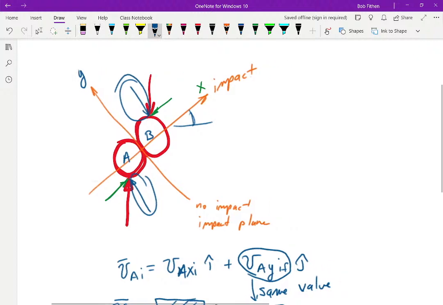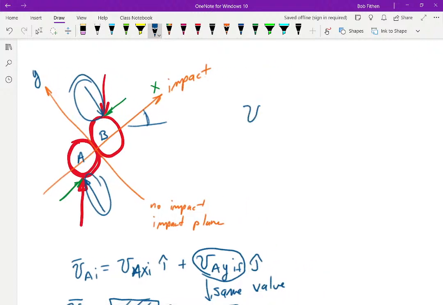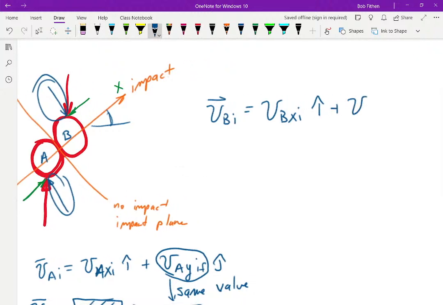Same thing happens over here. Okay, so if you look at VB initial, VBX initial, I plus VBY initial before impact, J, VB final after impact is some value. Then I'm going to put a box around.